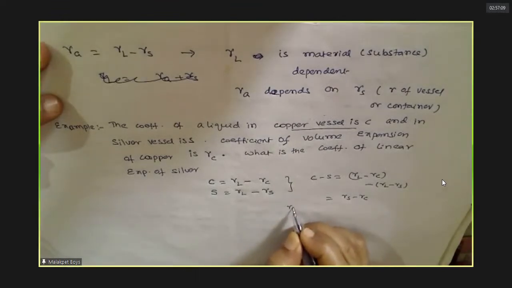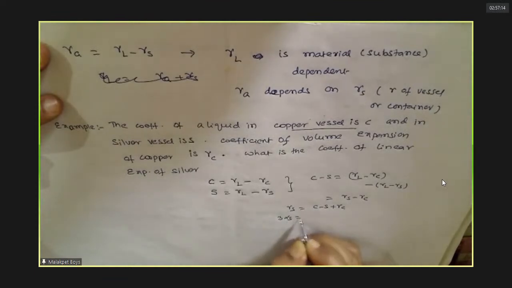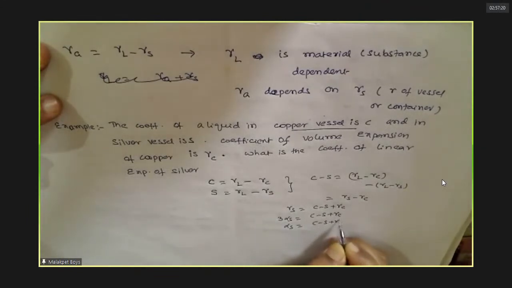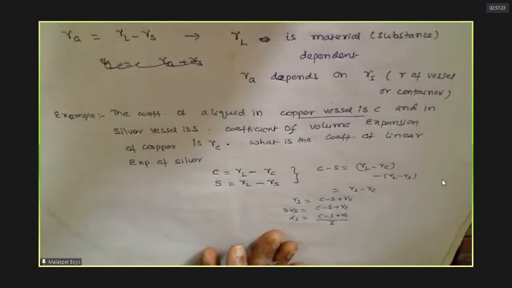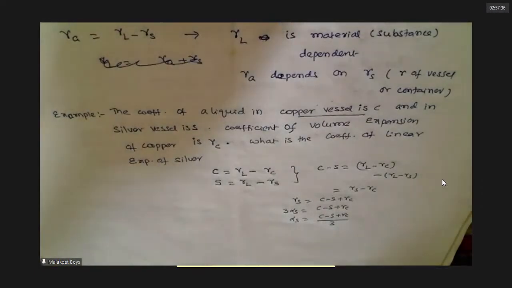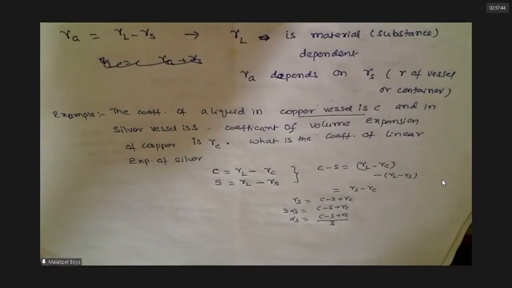Now we have gamma S, this is 3 alpha S now for silver. What is alpha S? That is what he is asking now. Understood this or not? Gamma is 3 alpha. Remember this? Yes, sir. 1:2:3 ratio, sir.